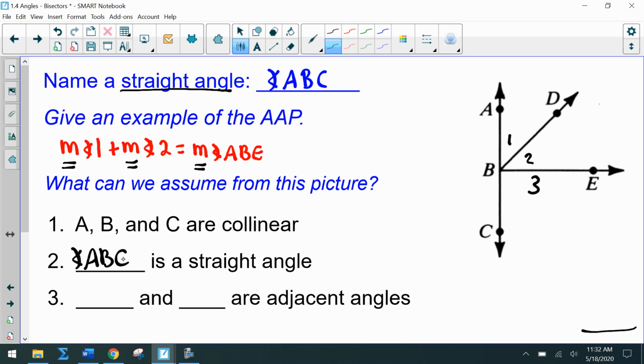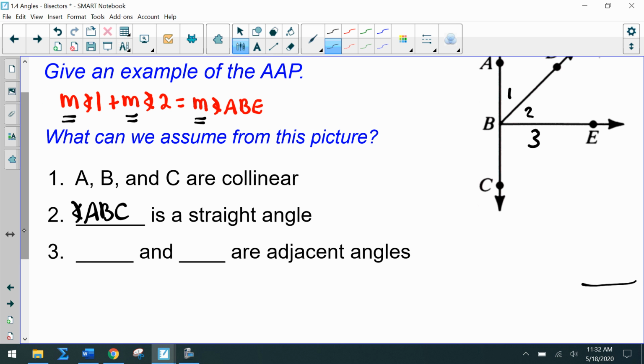Then we could say that we have adjacent angles, but we can't say that the angles are congruent. Looking at the diagram, we may say that angle 1 looks like it could be congruent to angle 2, but when we're looking at diagrams, we can't trust our eyes.